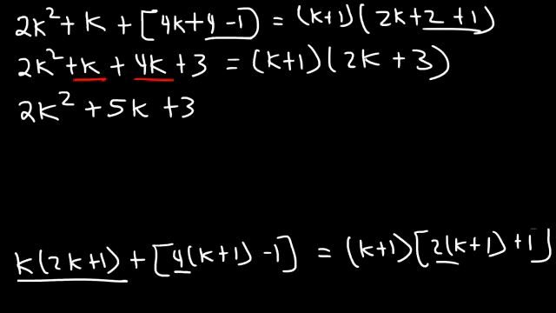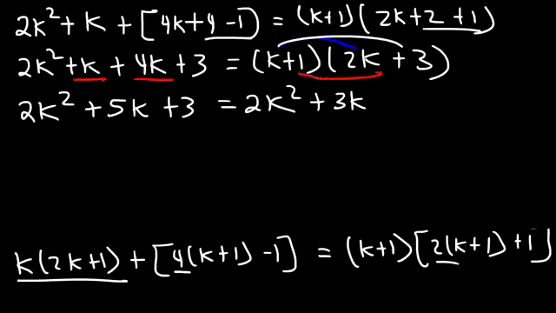And on the right, we need to FOIL. So we're going to have k times 2k, that's 2k squared, and then k times 3, which is 3k. And next, 1 times 2k. And finally, 1 times 3, which is 3.